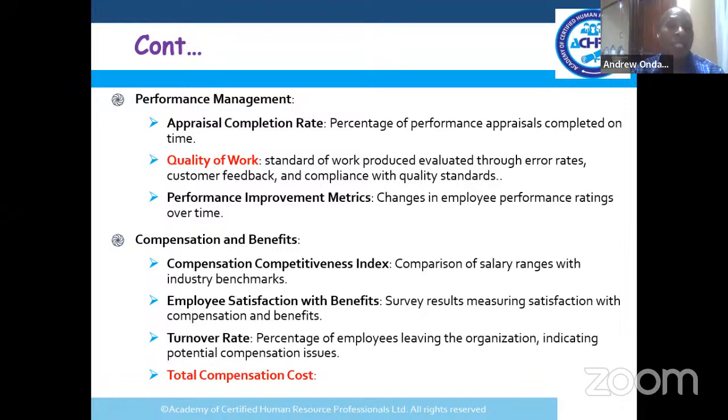And lastly, on performance measurement is improvement. What are the areas that have been improved over the period of time within which performance appraisals are conducted? It is expected that employees should improve their performance from the previous performance measurements.